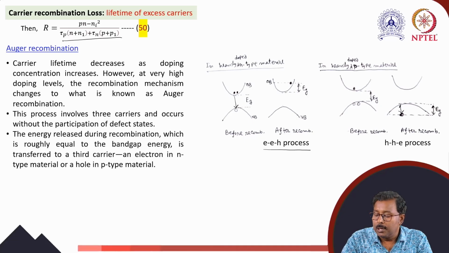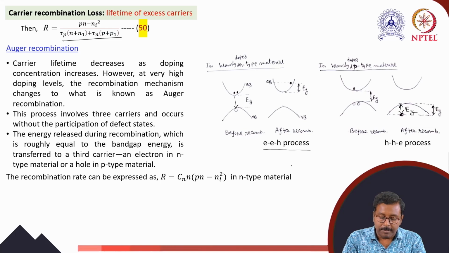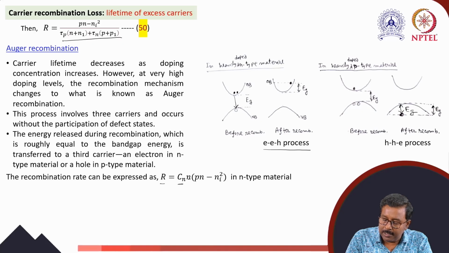This is called the HHE process. This is another process of recombination which is observed in a highly doped direct band gap semiconductor. And the recombination rate in this case can be expressed as some constant Cn into n pn minus ni square in an n-type material.